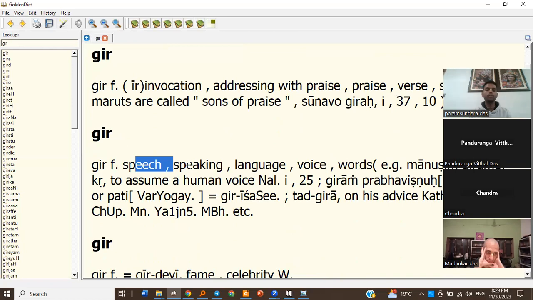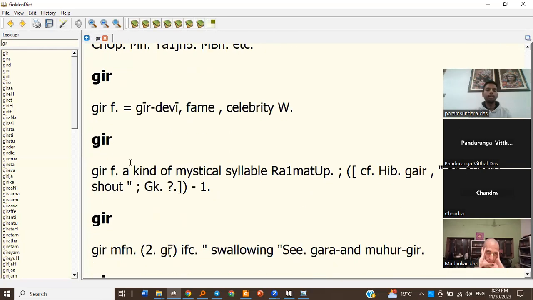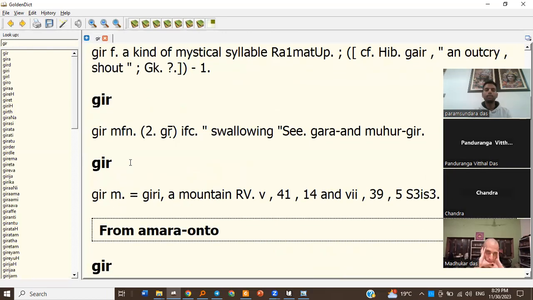In the sense of speech, speaking, language, it's in feminine. Then there is also one dhatu, gir, which means to swallow. That's a different thing. Then when gir means mountain, it's in masculine gender. So words with different meanings are in different genders.